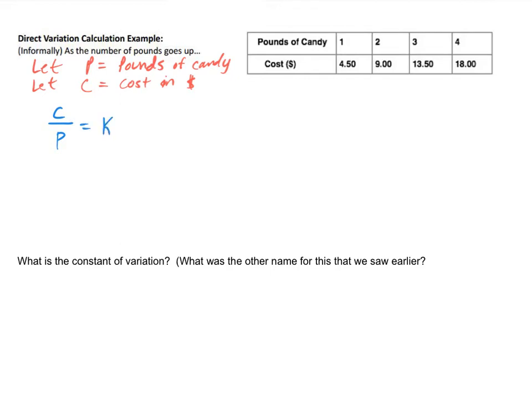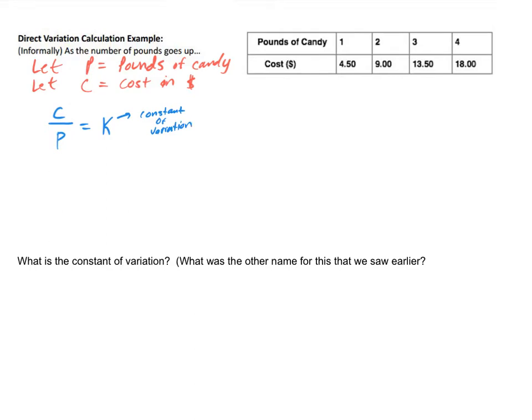So I'll say that again: if you know there's a direct variation between two variables, then when you consider those variables in a ratio, that ratio will always reduce to the same quantity, and this quantity we call the constant of variation.